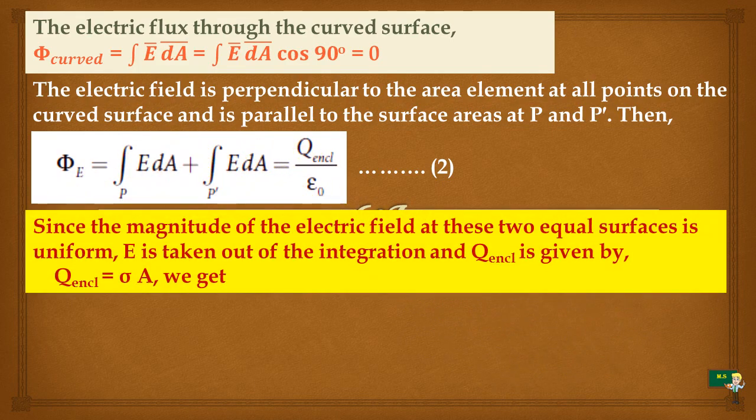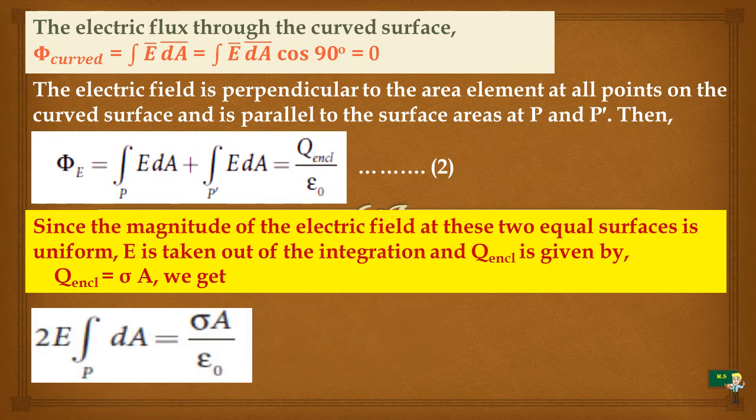Since the magnitude of the electric field at these two equal surfaces is uniform, E is taken out of the integration. Q enclosed is given by sigma A, and substituting all this in the equation, we get 2E into integral over P of dA, which is equal to sigma A by ε₀.